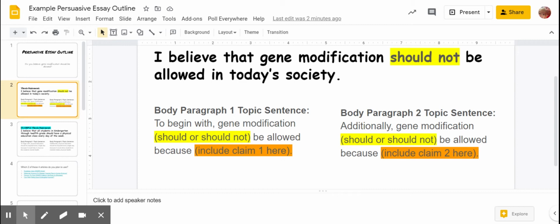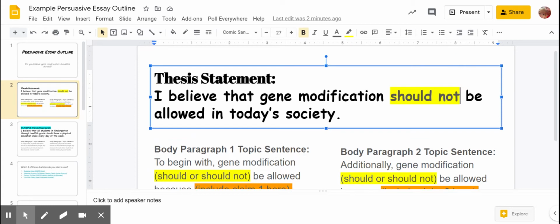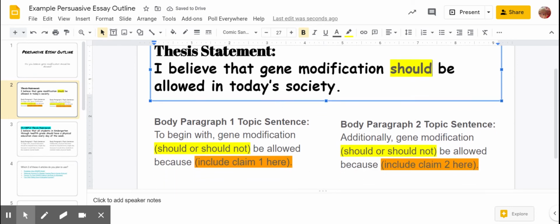If you want it to be should, which is totally fine, some reasons why it should be allowed. Well, it can help cure or prevent diseases. It can make things, I'm trying to think of like plants and animals, or even people, resistant to other diseases.